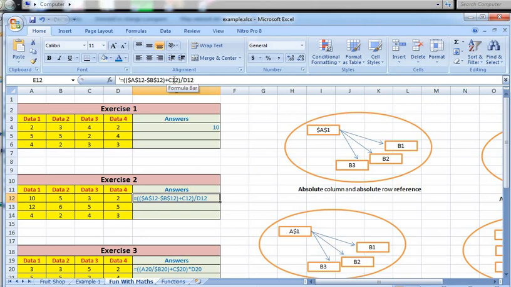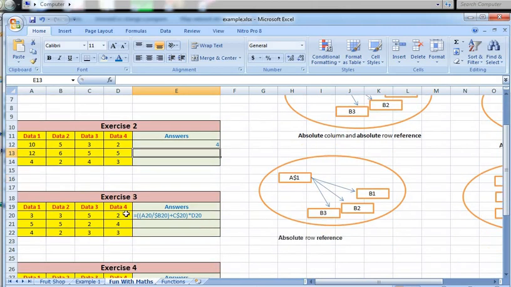Add a relative cell, it's not an absolute cell, a normal cell. So it's 5, 3, 5 plus 3 is 8. 8 divided by 4, guess what's the answer? It's 4. Understood? So I want you to find these two answers also.